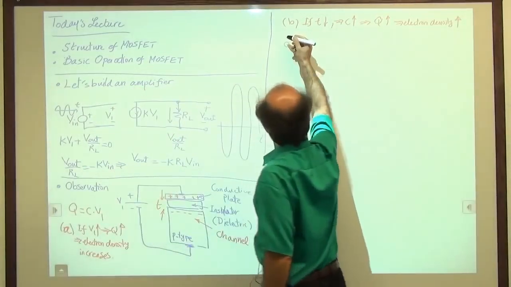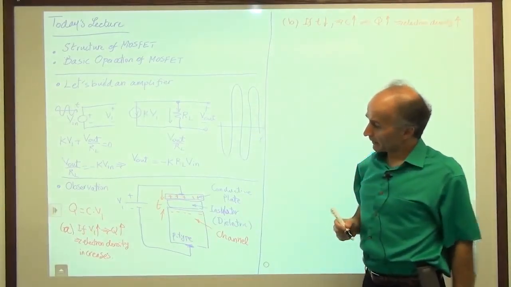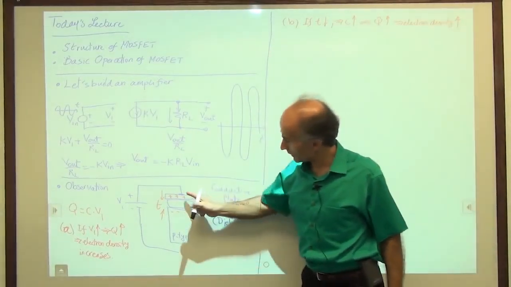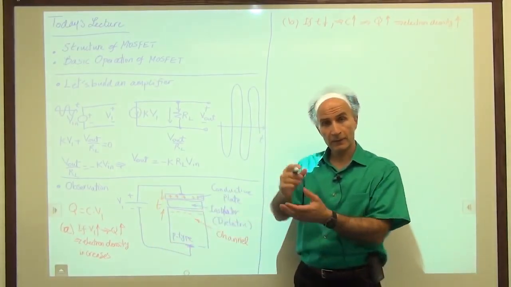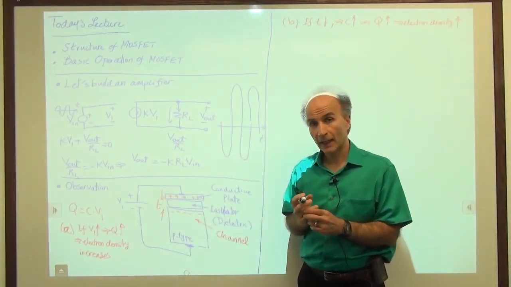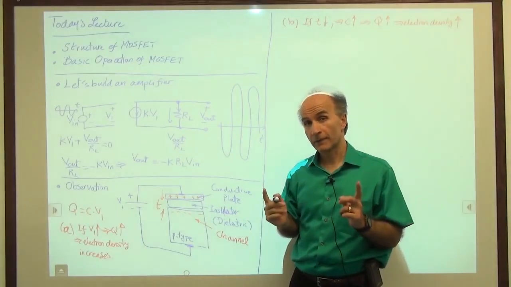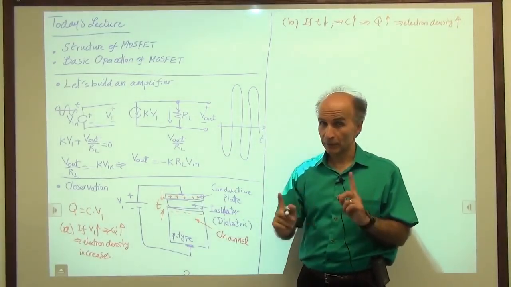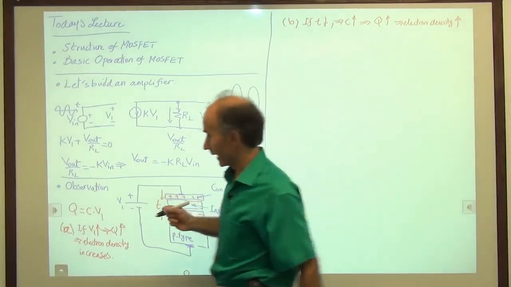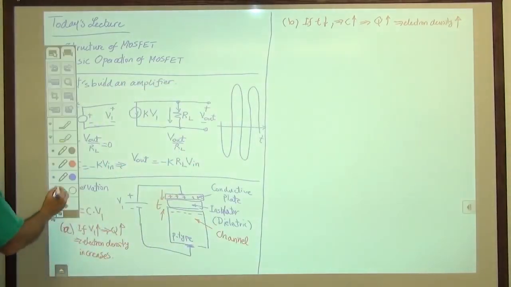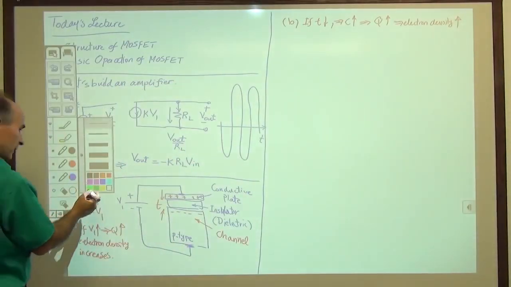Okay, so now let's go to the next step. In addition to this voltage that I have applied between the two plates of the capacitor, I come along and add another voltage source. Now here you have to be very careful not to get confused. So let me go ahead and do that. And let me change the color of my pen to avoid confusion.